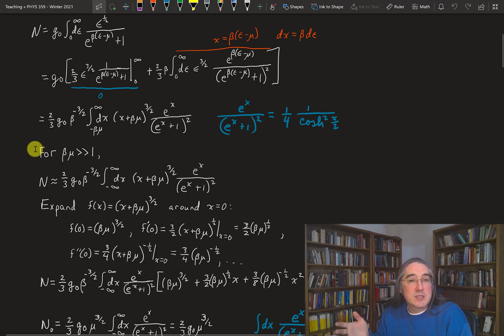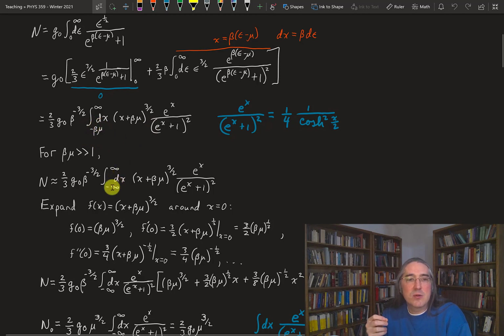We can do something similar here. By the time we get to minus beta mu, if we're in the limit where beta mu is much bigger than 1, which is the physical limit we're interested in, by the time we get to x equals minus beta mu, this thing will be tiny. We'll have e to some large power. So we can do the same thing we did earlier in the course.